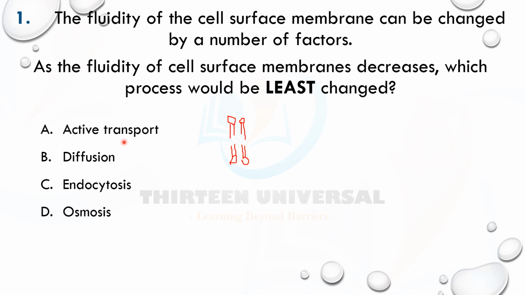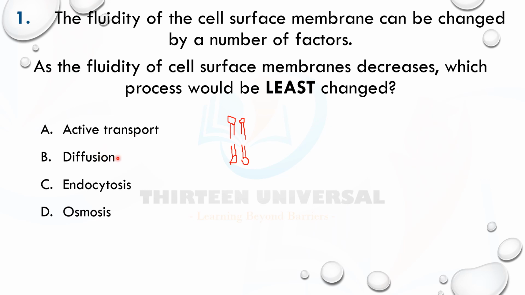Now active transport is the movement of polar molecules or ions from low concentration to high concentration, that is against the concentration gradient. And don't forget that we are transporting polar molecules here, so it's not going to pass through the phospholipid membrane, it's going to pass through a carrier protein. So a carrier protein is involved in active transport.